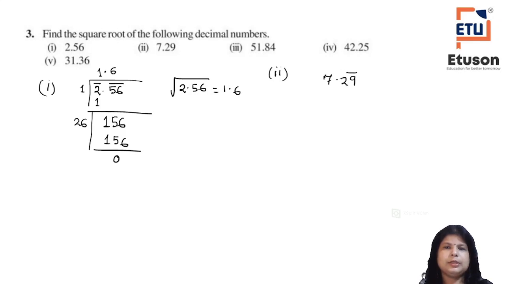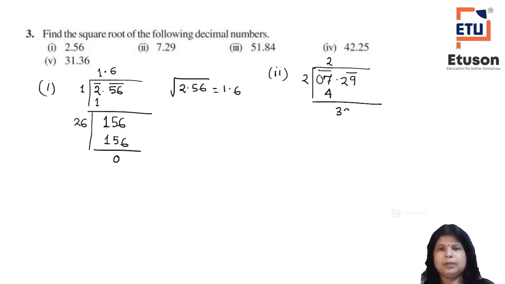Now bit 2, 7.29. So let us pair it as usual. So you can write 2 square is equal to 4, 3 square equal to 9. So let us take 2 here, 2, 4, then you can take 3, 2, 9. Right? So now 2 into 2 is equal to 4.